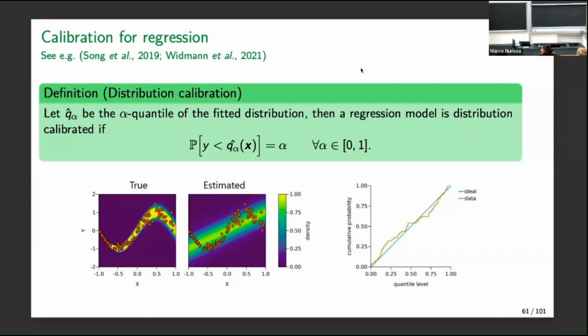But if you look at the modeled quantiles and the quantiles that you obtain, you will see that they're quite well in line with each other. We have here on the horizontal axis the quantile level that we assume, and on the vertical axis, because it's synthetic data, we can measure how many times the true label Y is smaller than the predicted quantile.